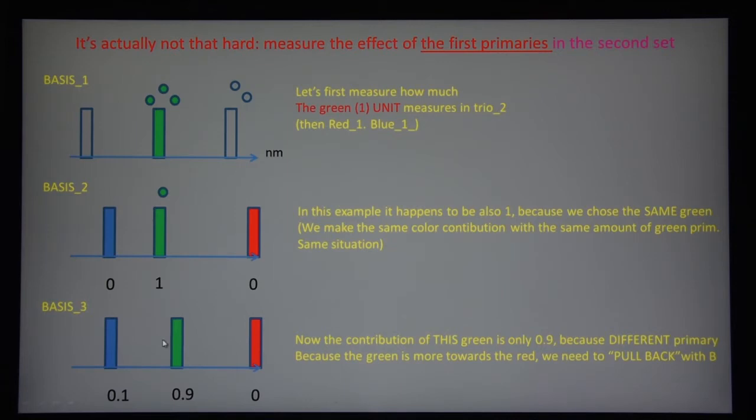Because I need to pull my green a little bit towards the position that Mr. Guild had chosen, but I don't have it because I only have these 2 primaries and the third one. So I may need to mix 2 primaries to get the one from the other. Now, the only thing you have to do is measure how these three primaries convert to each other. And that's it.